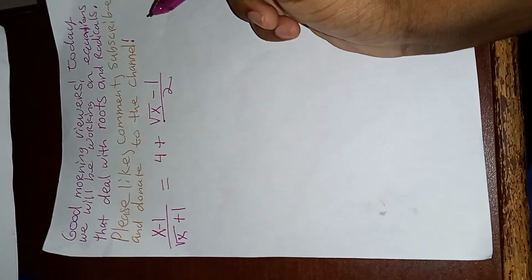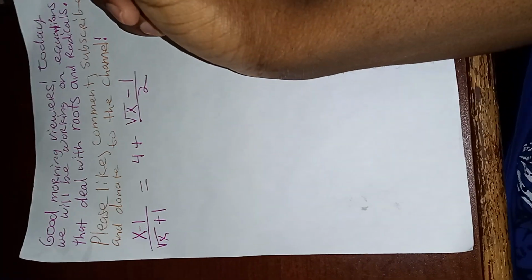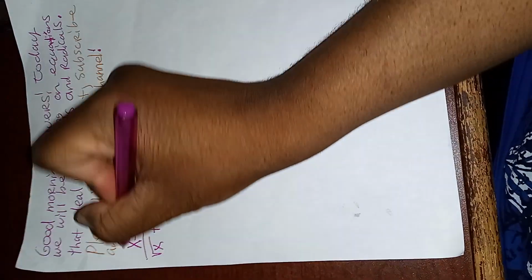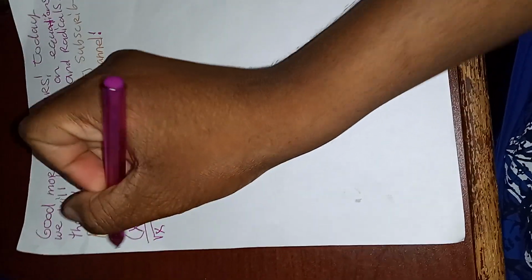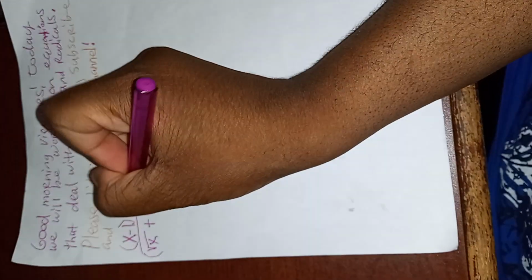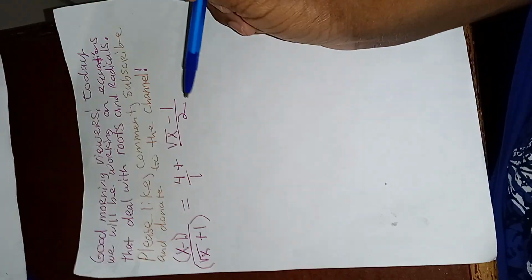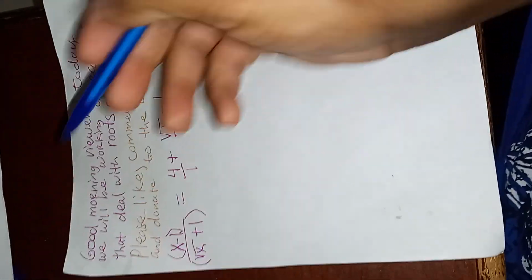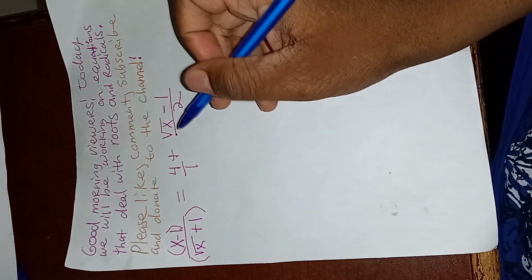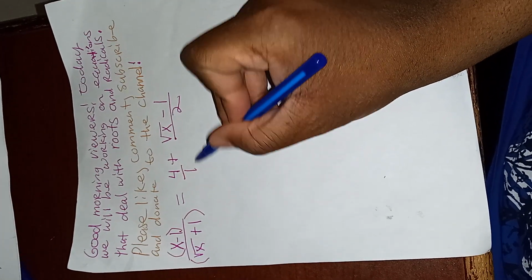So first, we need to put parentheses around x minus 1 and the square root of x plus 1. And then we need to put 4 over 1 to make it a fraction and multiply by the common denominator of 2, because the lowest common denominator for 1 and 2 is 2.